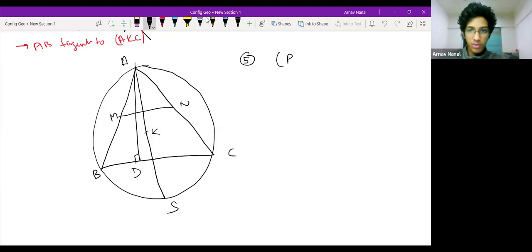So you have that BDMK is cyclic and tangent to MN, and similarly CDKN is cyclic.